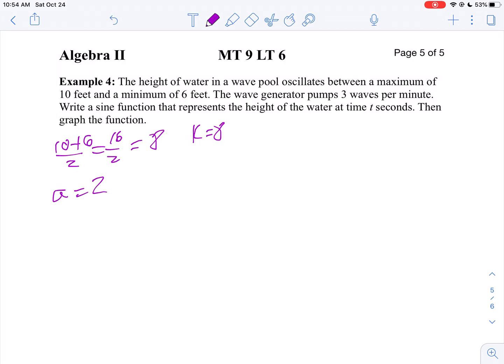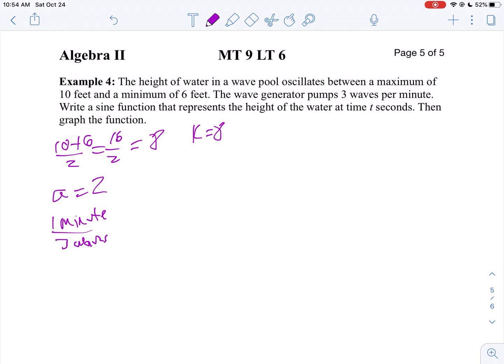Now we've got to find the period. Well, it says we have 3 waves per minute. I'm going to do the reciprocal of that because I want my period in terms of time. So in 1 minute, there are 3 waves.